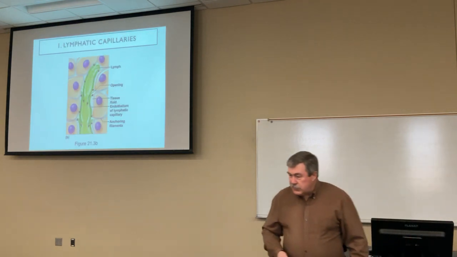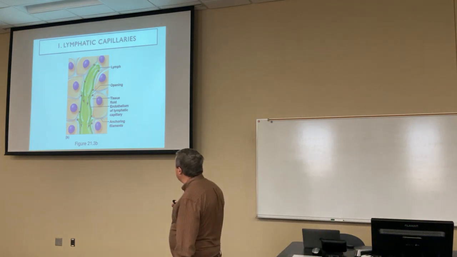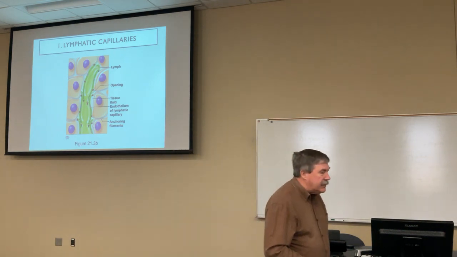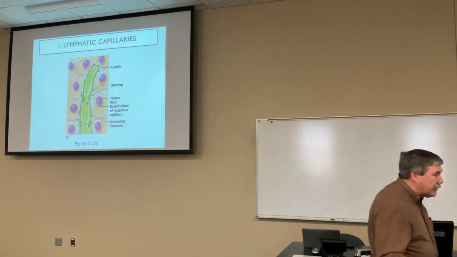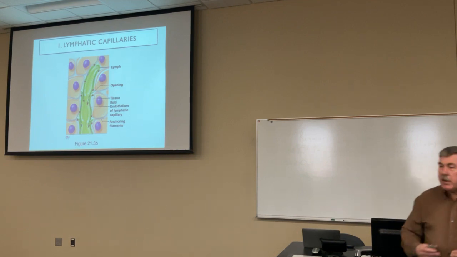All right, so this is a diagram showing a typical lymph capillary. And like I said, one difference between the lymph capillaries and regular capillaries is that the squamous cells of the lymph capillaries overlap, and the cells are not held together by tight junctions.